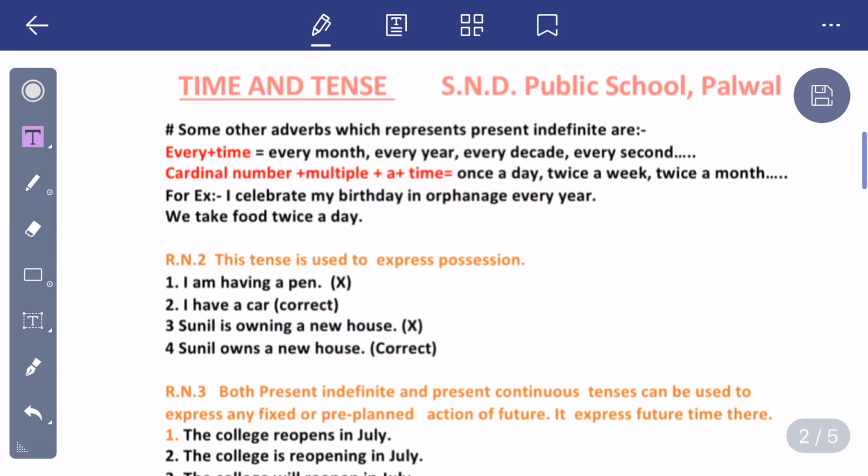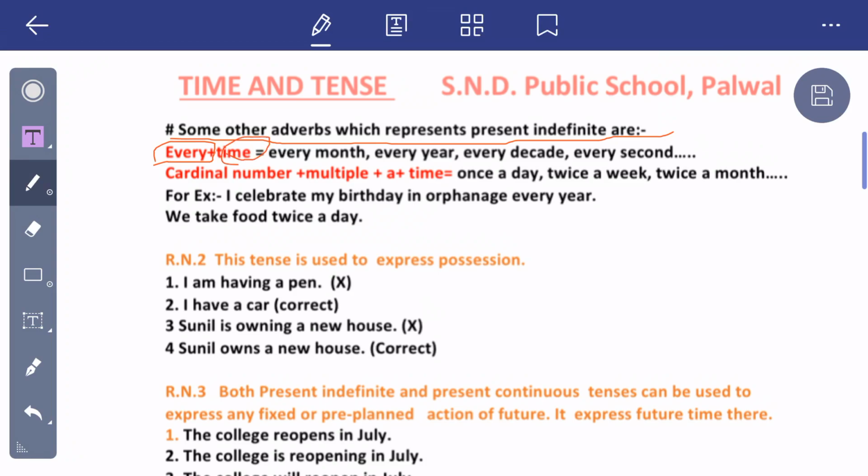On the next page, the next point says some other adverbs which represent present indefinite. It means some other adverbs I have given to you which will represent present indefinite tense. So what are those adverbs? At the very first I have given every. With every, what must be there? There must be time.